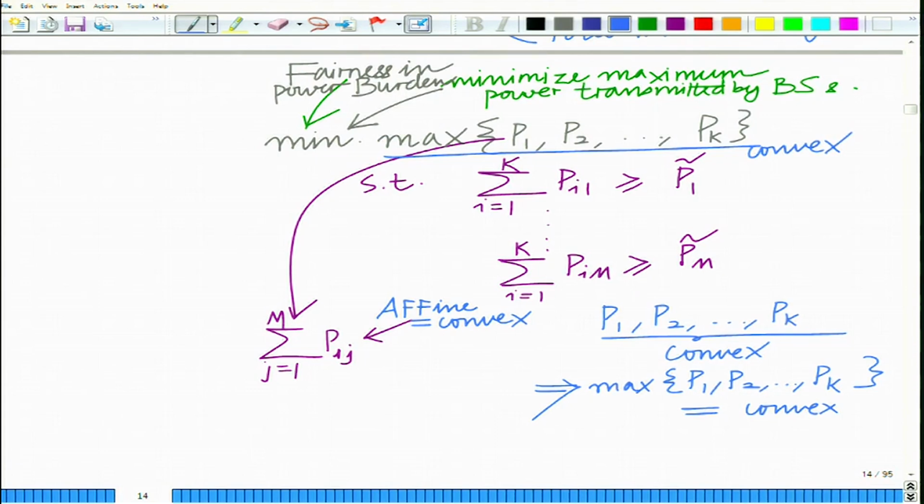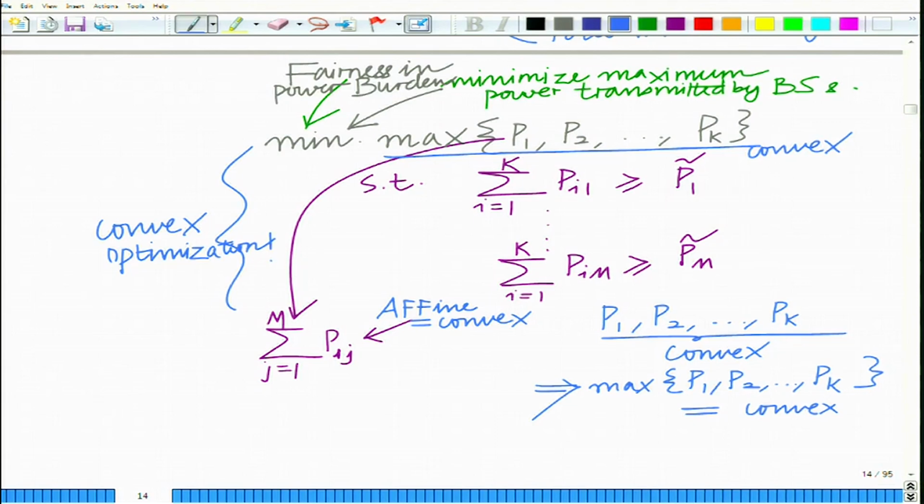Constraints are as usual, similar to the previous one, they are convex. So, this is also a convex optimization problem. Now, what is its relation to a linear program?